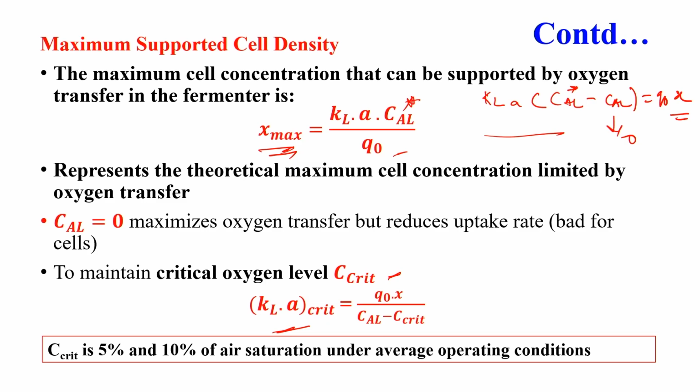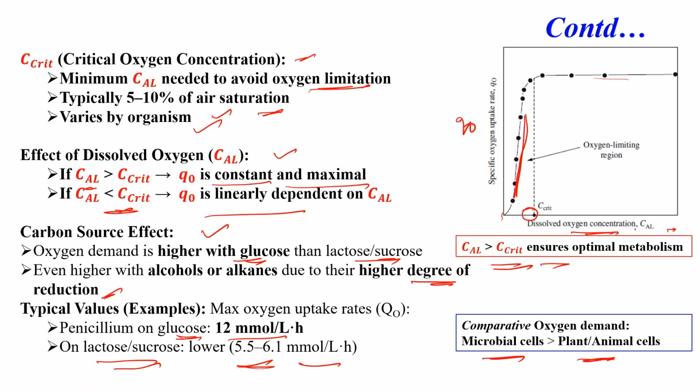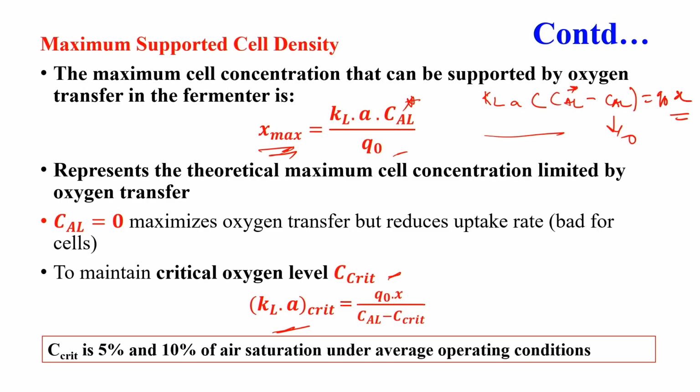As you know, this C critical we discussed here is on the x axis and is related with the C_AL. So, if you replace C_AL with C critical, then we can calculate the critical value of K_LA.